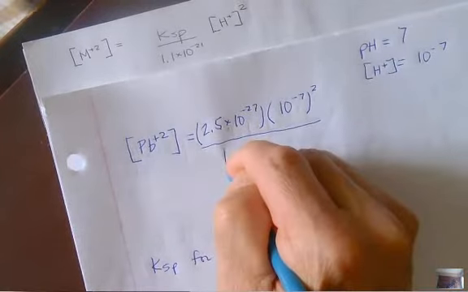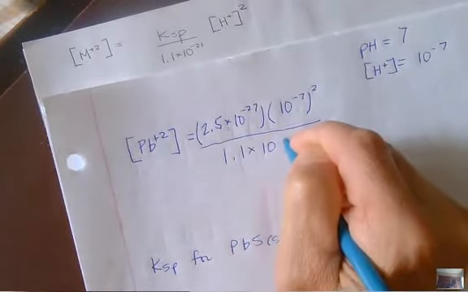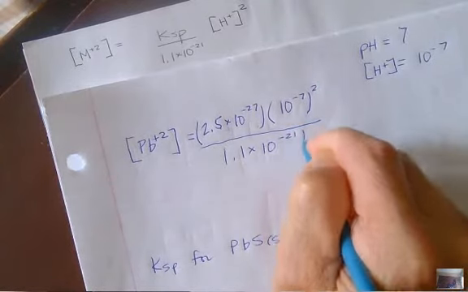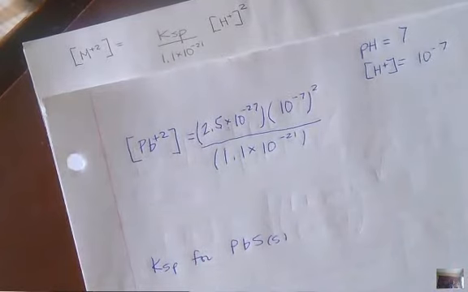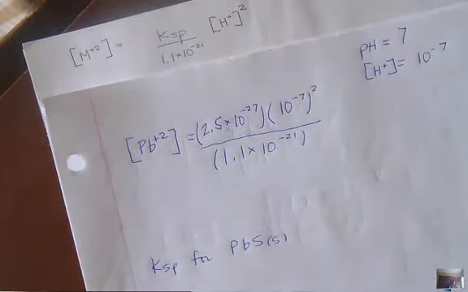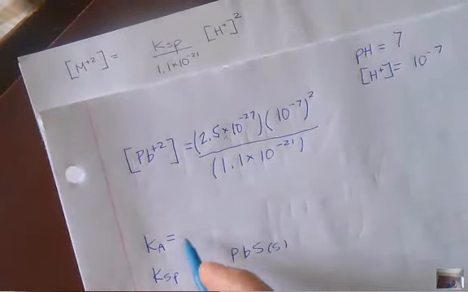Well, the denominator we're stuck with. Where did the denominator come from? It came from two facts. I won't overdo it, but came from fact number one, that the maximum amount of H2S that can be dissolved in solution at any one time is 0.1. Second fact, that S minus 2 is not only involved in this equilibrium, it's involved in the overall Ka of H2S.